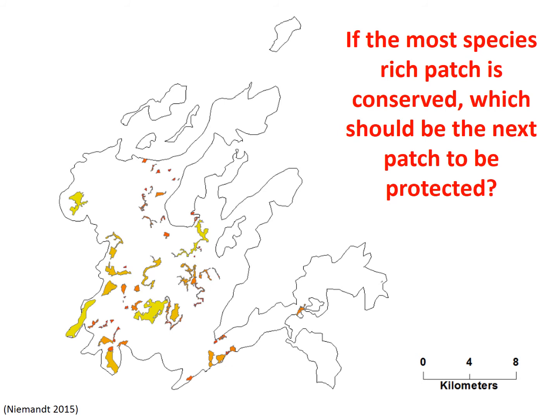Now, of course, we could choose a patch that has the second highest species richness, and that would make sense. We could also choose to use the patch that is closest to our first priority, based on the idea that that would then give us 2 patches that have a good connectivity and maybe even the opportunity to link them through a corridor.